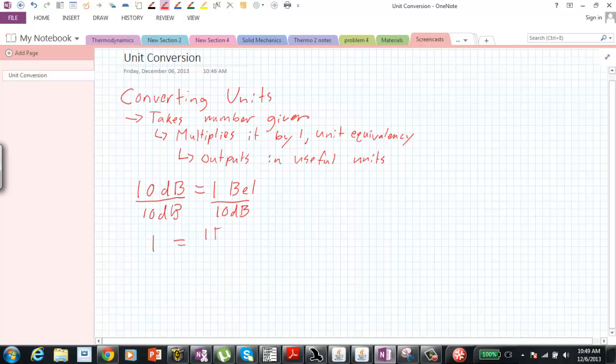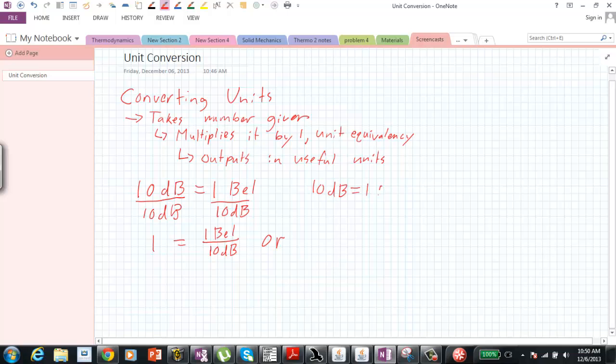We're not multiplying it by any value to change the value, we're just changing our units. So in this case, we're trying to get bells, so we have our useful unit on the top, and we have our less useful unit that we were given on the bottom of this fraction.